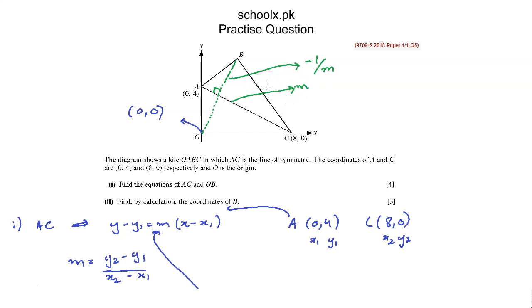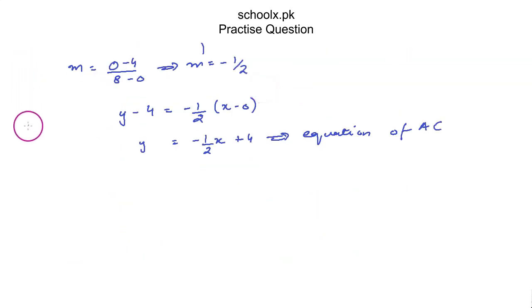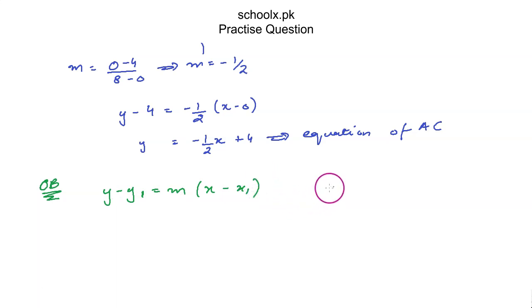So now let's find the equation of OB. y minus y1 equals m into x minus x1. We have only one point, the origin 0, 0, and we don't know the coordinates of B. Let's take the coordinates of B as x, y.